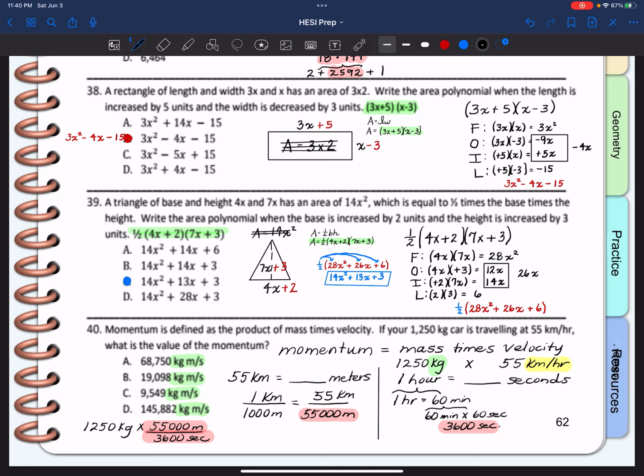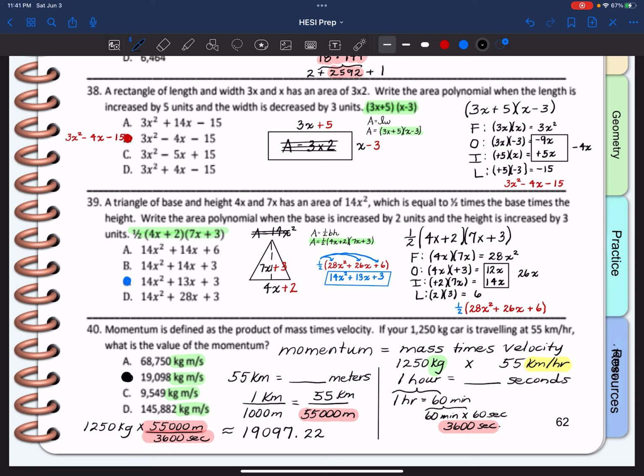So using my calculator, I'm going to say 1,250 times 55,000. It's huge. Divided by 3,600 equals approximately 19,097.22, and they've chosen to round that up to the next value, 0.98, and I would go with answer B there.